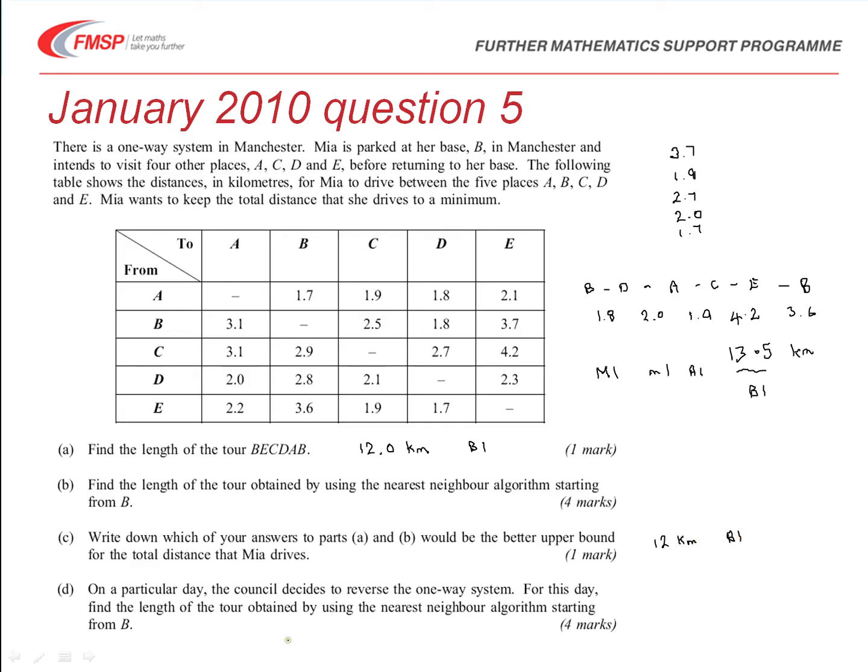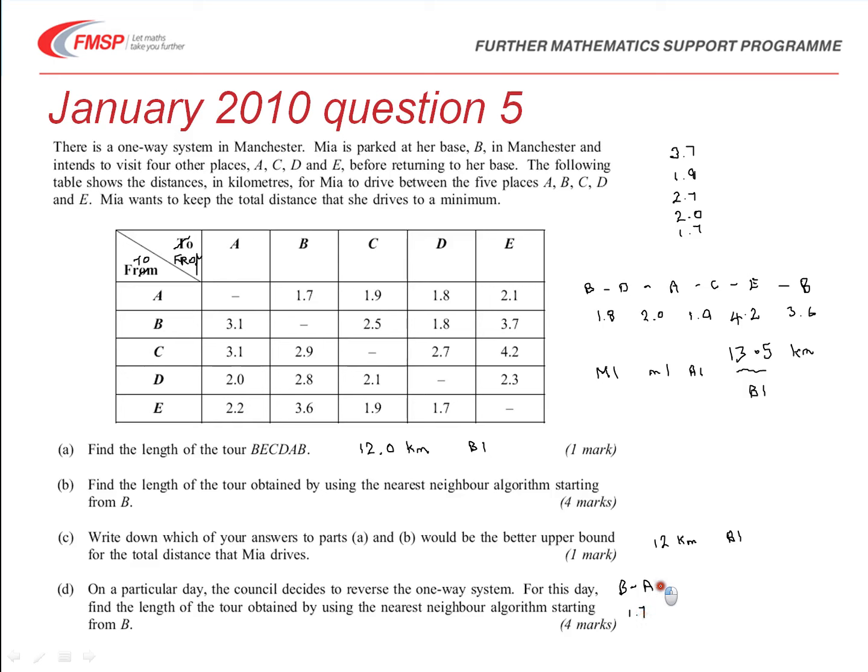Then in part D, it says that on a particular day the council decides to reverse the one-way system. So everything is now in the opposite direction. Effectively what you've got to do is read this table backwards. When it said start from B, the shortest distance from B to begin with would now be A. So you'd now have B going to A, and that distance was 1.7.